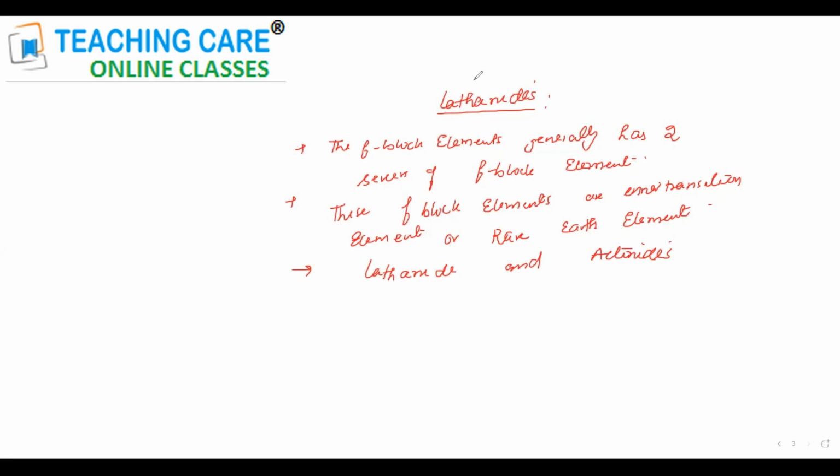The lanthanides include the filling of the 4f orbital, while the actinides have the 5f orbital. So lanthanides include the filling of the 4f orbital, whereas actinides include the filling of the 5f orbital.